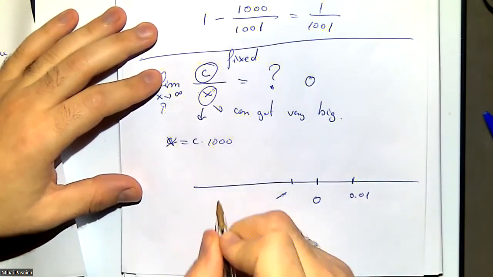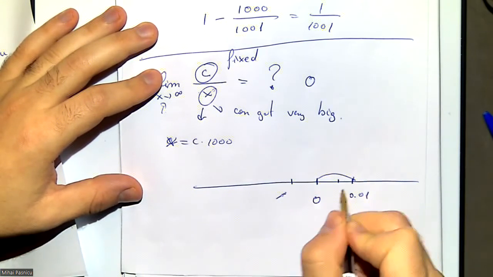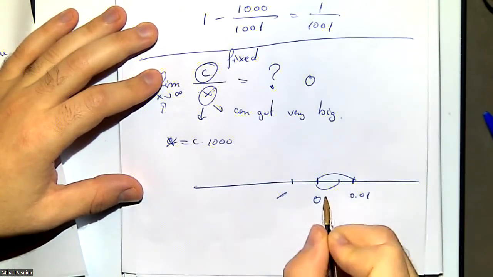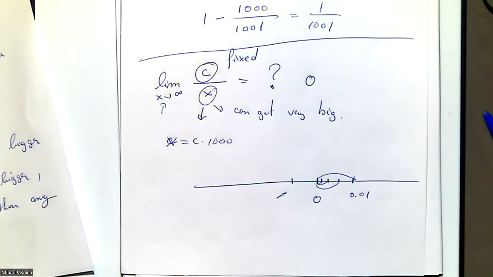Then if you want, I can be in a smaller interval, then an even smaller one, I can be here. I hope you get what I'm saying. I'm getting closer and closer, as close as you want to that 0. So that's why the limit is equal to that thing. Does that make sense? Because that's the idea.